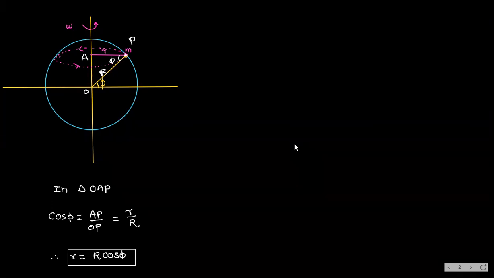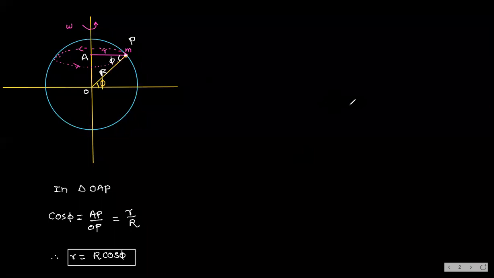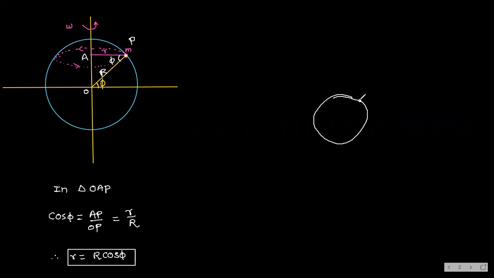Now see, if any object is somewhere here and this is the center, there is one gravitational force Fg towards the center, and one force which is called centrifugal force or pseudo force, which is acting away from the center.